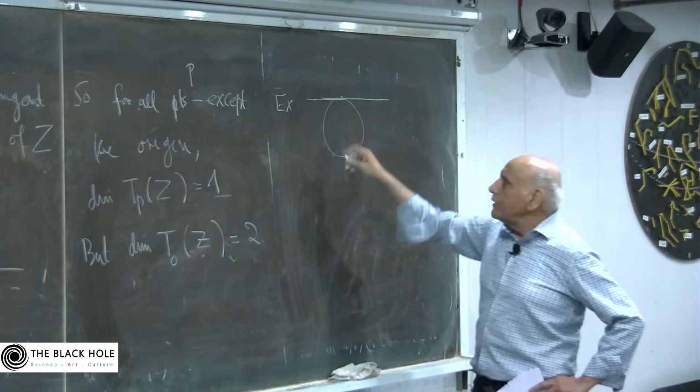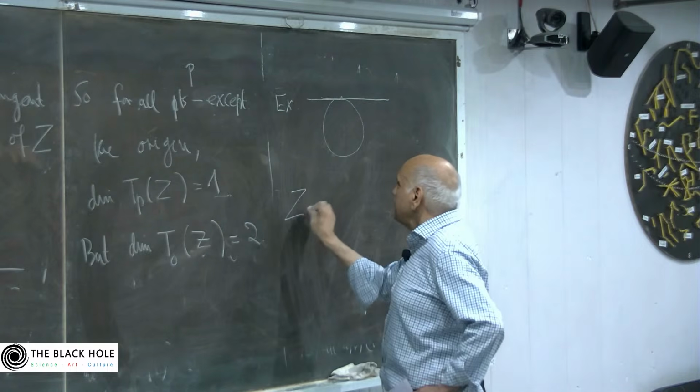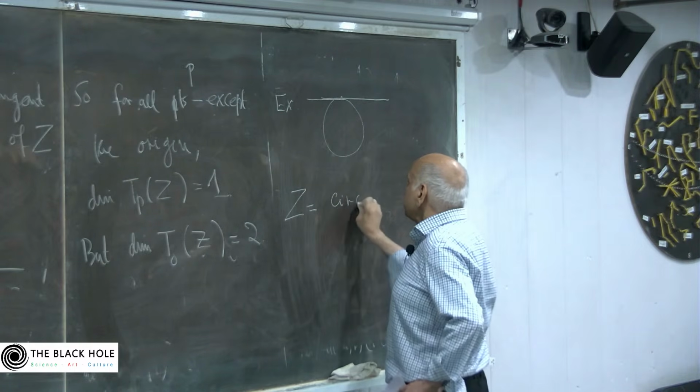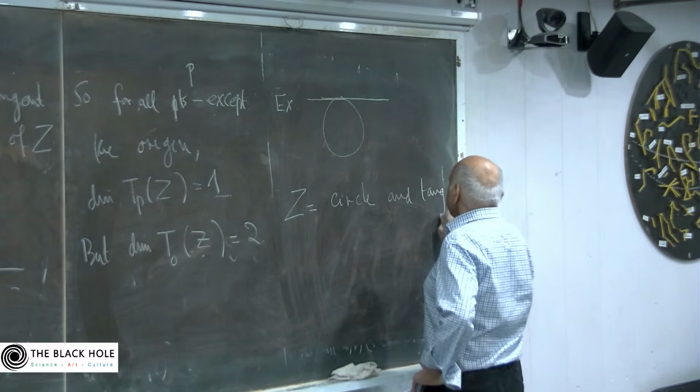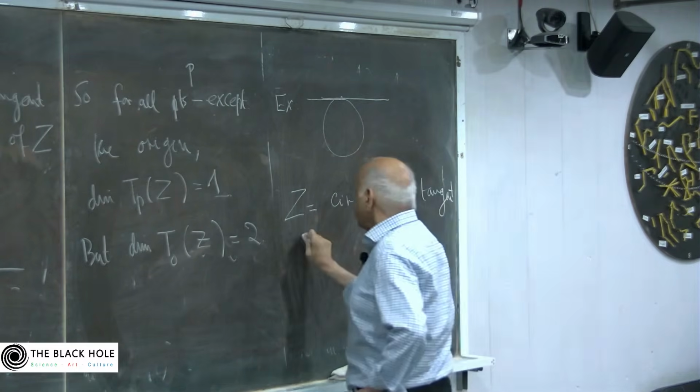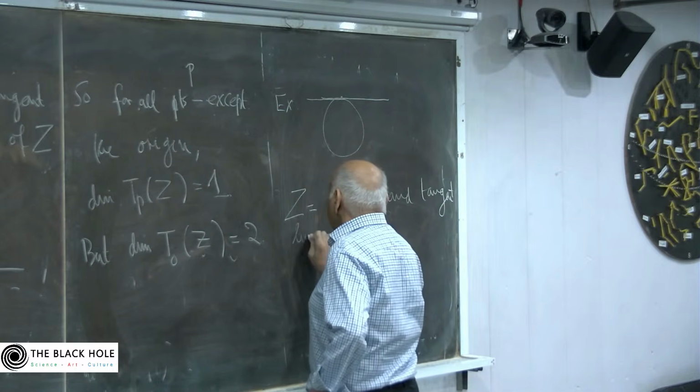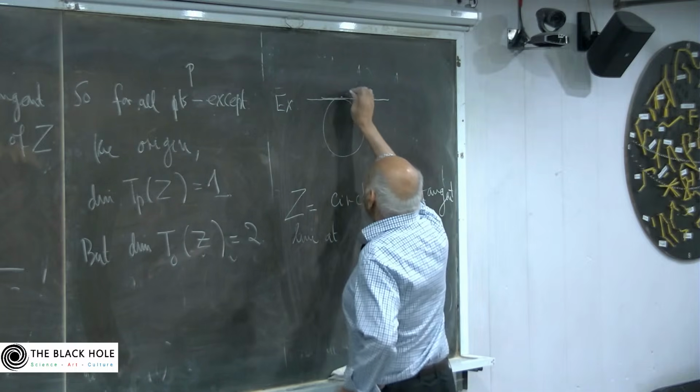So our Z is a circle and a tangent at a point. Let's give it some name.